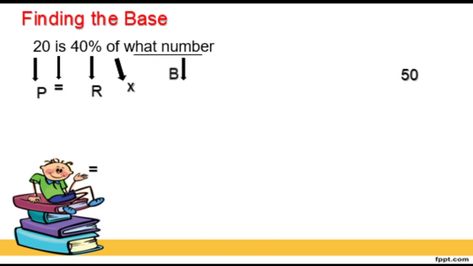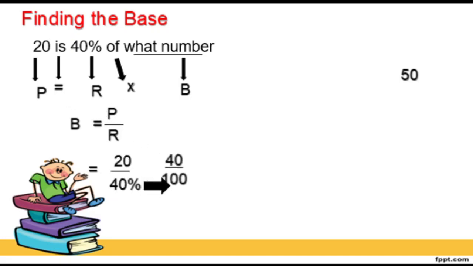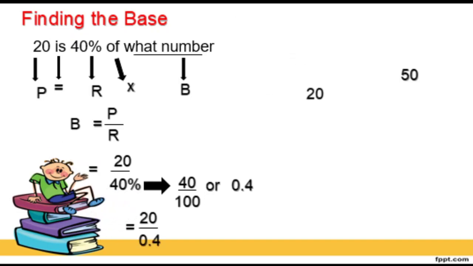So, to write the formula, so that is B is equals to P over R, and P is 20 divided by 40%, change that into decimal, so that is 40 over 100 or 0.4. So, 20 divided by 0.4 is equals to, I will show you how to divide whole number by decimal.